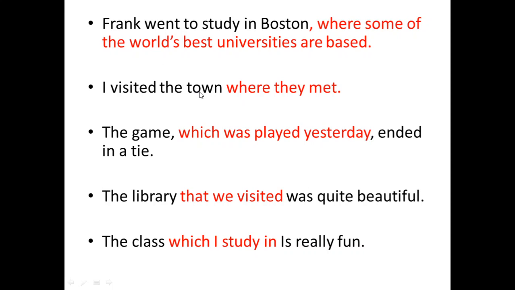So what else? You visited the town. What comes next? Was it fun? What did you do in the town, right? We don't know. So here, where they met identifies the town, right? It says something about the town, because we don't know which town, what did they do, right? So this whole clause, where they met, identifies the town where I went.